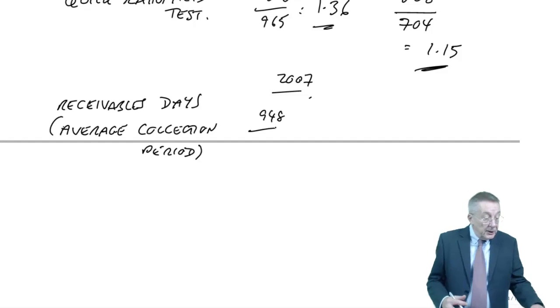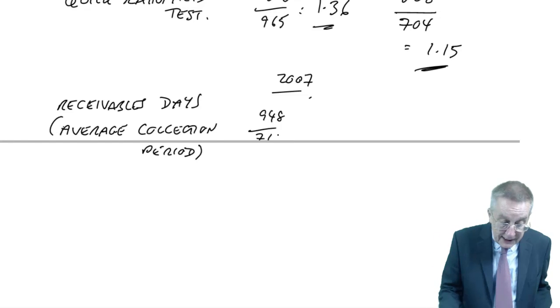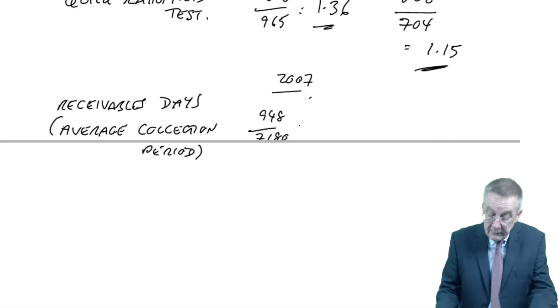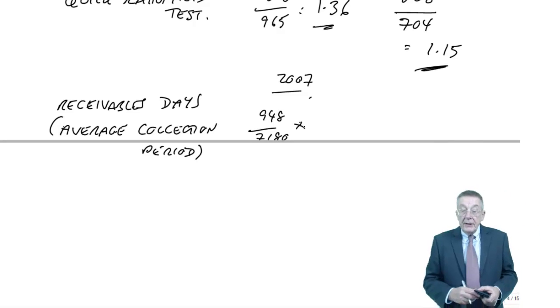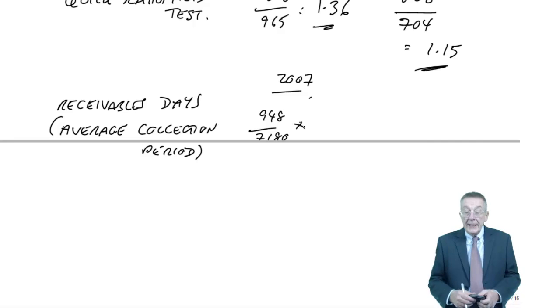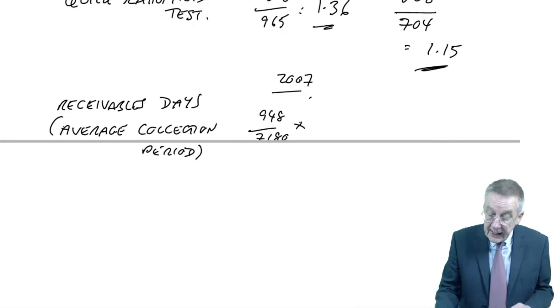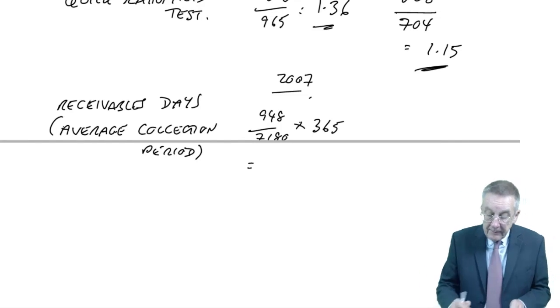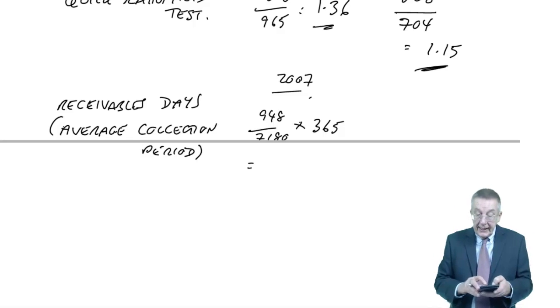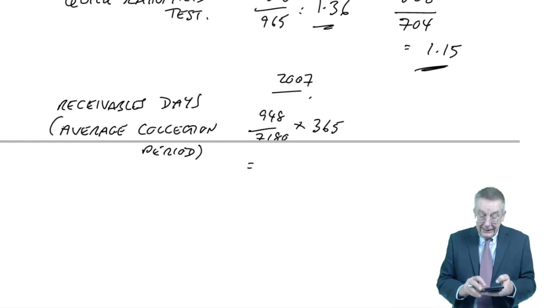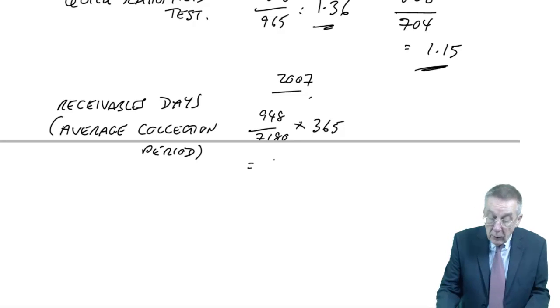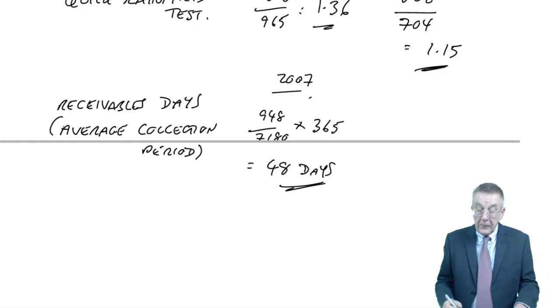The total revenue, 7180. So the receivables are that proportion of the revenue for the year, assuming 365 days in a year. That suggests we are giving 48 days credit to customers.